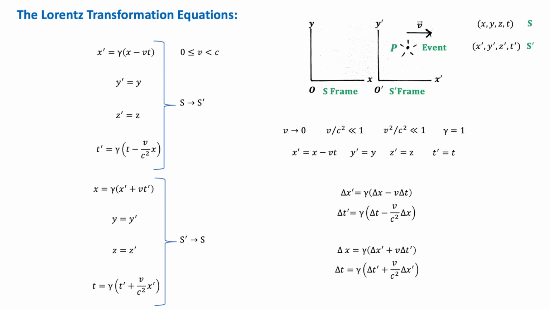And it was developed by Hendrik Lorentz in 1890 in the framework of electromagnetism. But Einstein was the one to realize their significance later and incorporated them in the theory of relativity, okay?